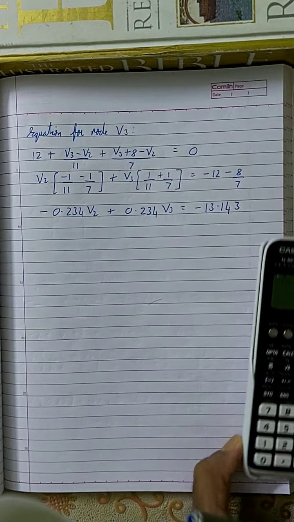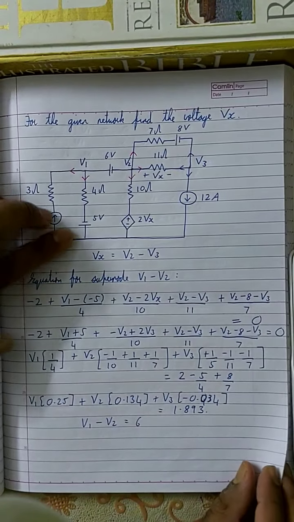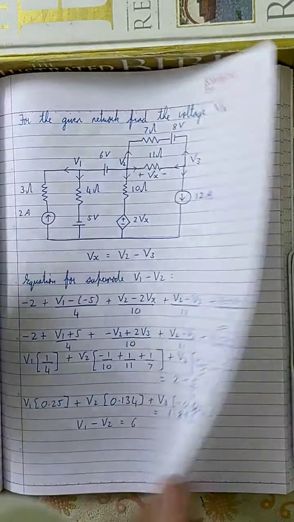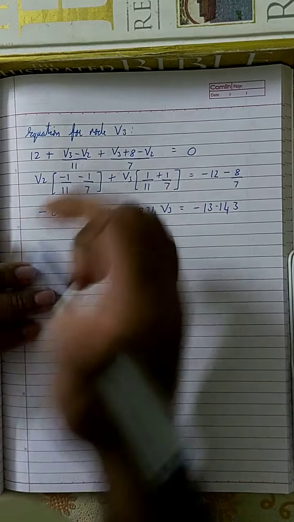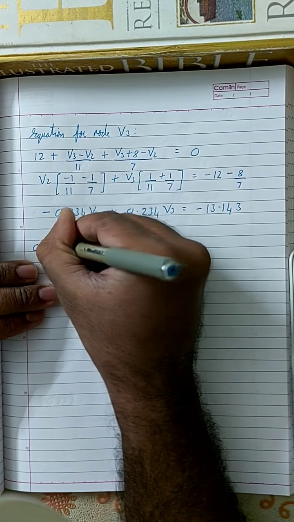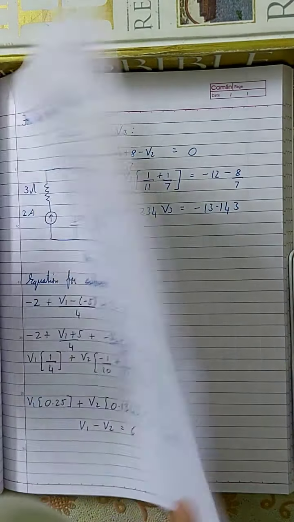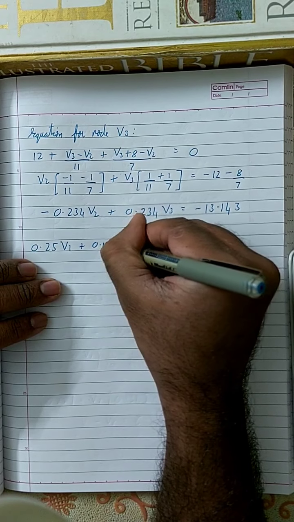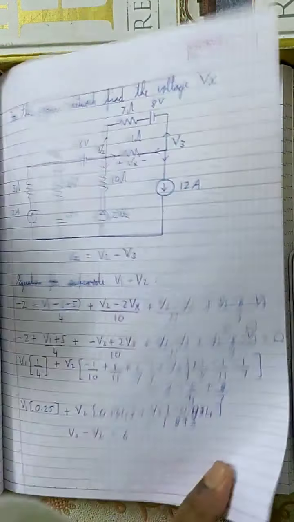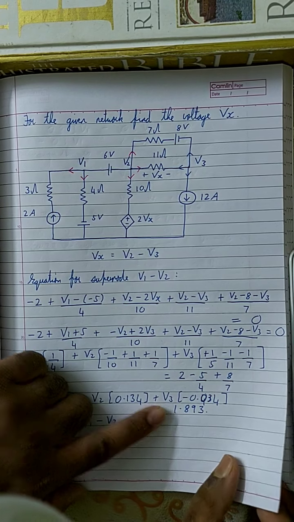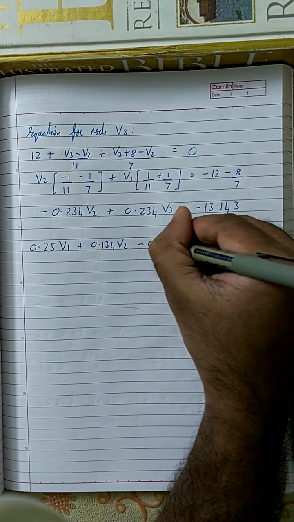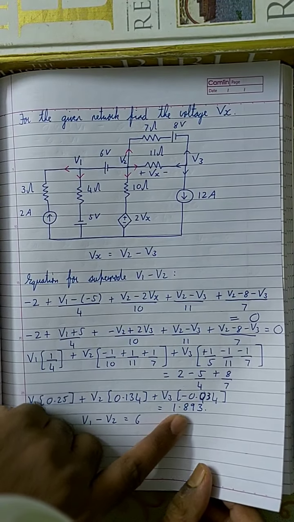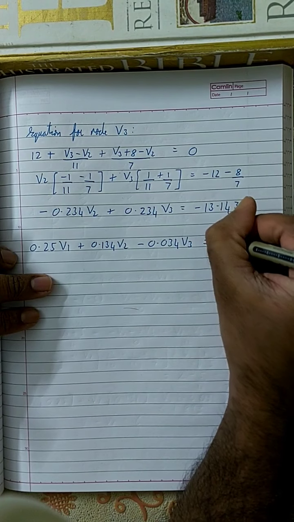Okay, so let me write all the equations. The first equation is the equation right here: 0.25 V1 plus 0.134 V2 minus 0.034 V3 is equal to 1.893.